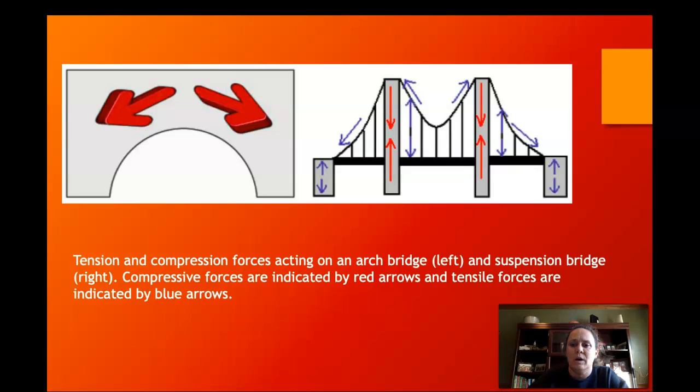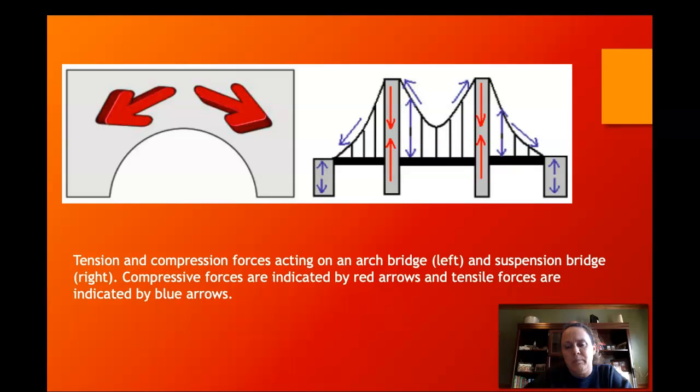And here are two other illustrations. One is your arch bridge and the other is the suspension bridge. The red is showing the compressive forces. Let's talk about the suspension bridge, to the left or to your right.